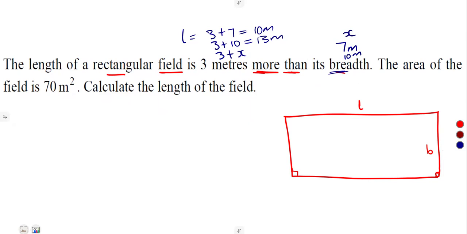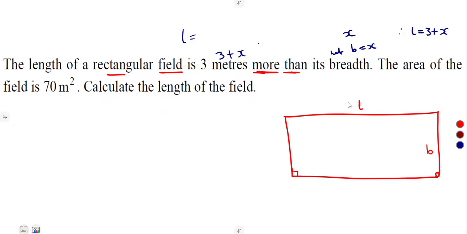Because we do not know the breadth, we can let the breadth be x, so the length is 3 plus x. 3 more means you just add 3, it's not 3 times.